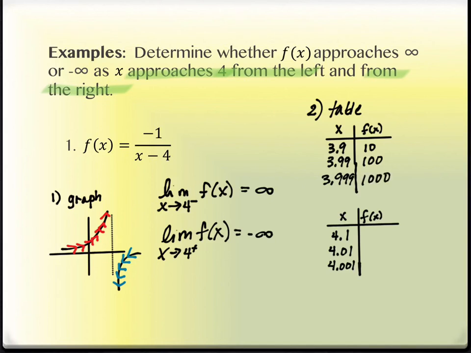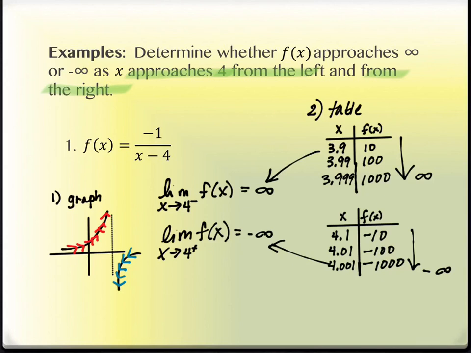And then I have negative 10, negative 100, negative 1,000. And if we put in like 4.0001, it'd get even bigger. So as we're going down these tables, we'll do the first table. What's happening as I go down that table? It's getting infinitely large, right? And if I go down the second table, it's getting infinitely large and negative, right? So we get negative infinity. So again, this verifies this piece, and this one would verify that piece from a numerical perspective.